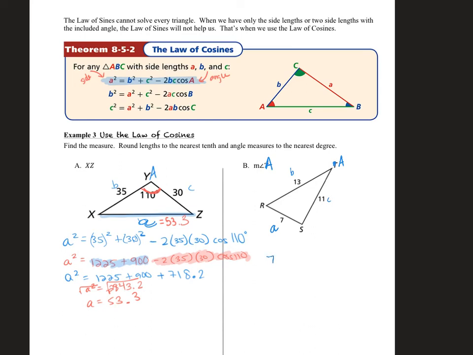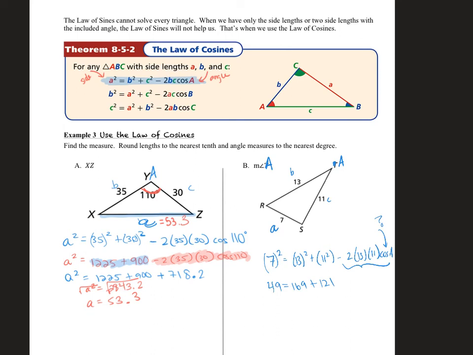Okay, so I'm going to go ahead and do my formula. 7 squared equals B squared, which is 13 squared, plus C squared is 11 squared, minus 2 times 13 times 11 times cosine A. We're missing the angle. So I know I'm going to need inverse at some point, inverse of cosine. So 7 squared is 49, 13 squared is 169, 11 squared is 121, and now I'm going to be multiplying all of that stuff together.